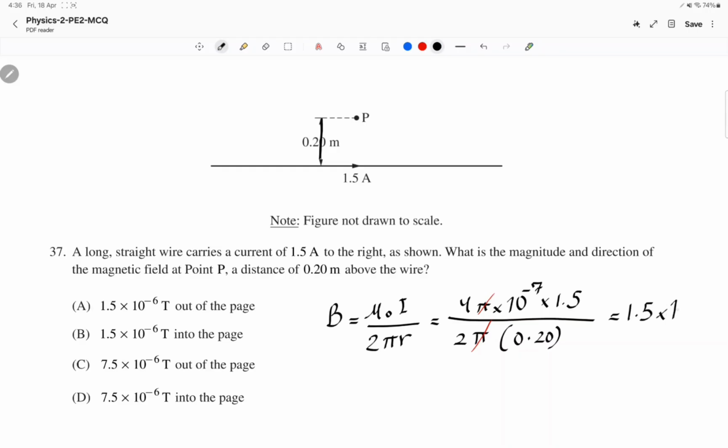1.5 times 10 to the power of negative 6 Tesla. So it's going to be either A or B. The question is, what exactly is the direction? For the current, you have to use your right-hand rule.